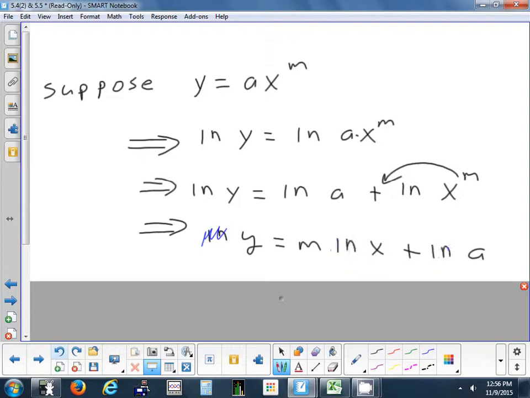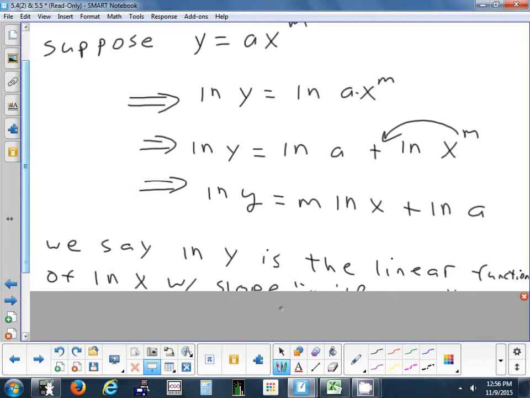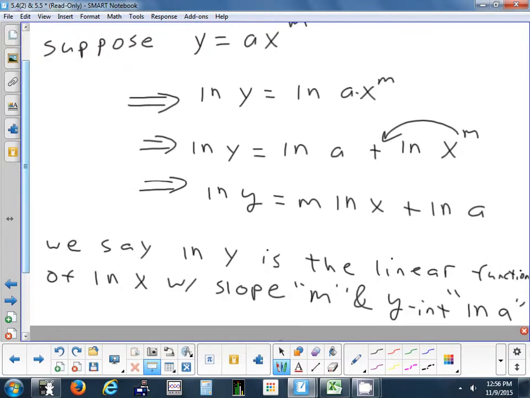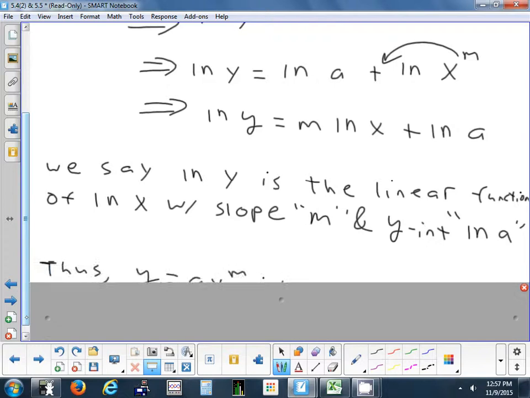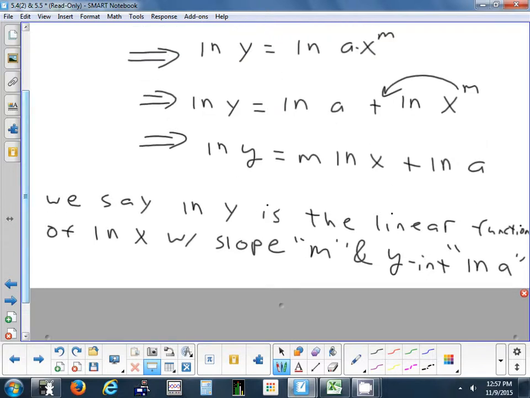All right? So what that basically means is that ln of y is a linear function of ln of x. And it's like we have a slope of m and a y-intercept at ln a. So this idea right here is how we decide if we should use this method to model the data, if we should be using a power function.